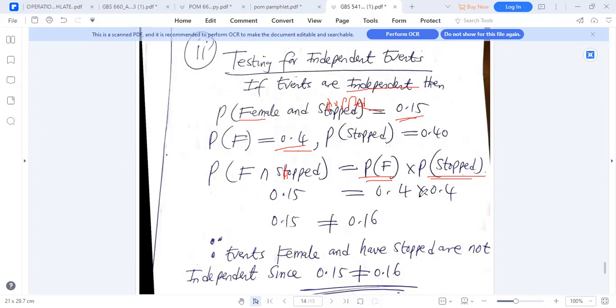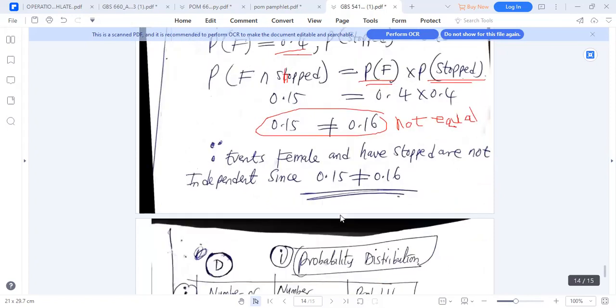If these reconcile, then the events would have been independent. Here, these two are not equal. So the events female and he has shopped are not independent, since these two are not equal.